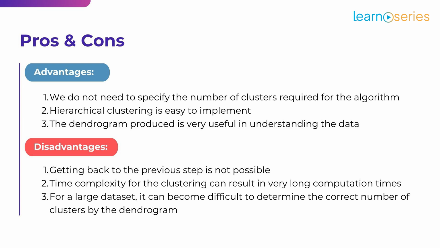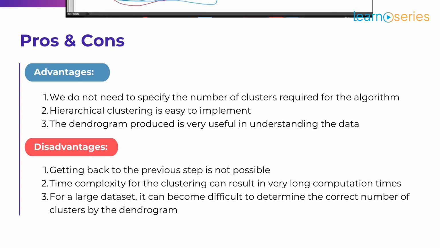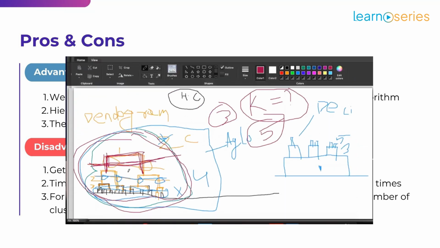The time complexity for the clustering is very long. The time it takes is long compared to k-means clustering, and for a large data set it can be difficult to determine the correct number of clusters. What's the problem with a large data set? Suppose you are given 10,000 data points, a data set with 10,000 rows.